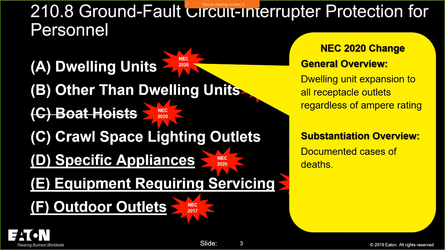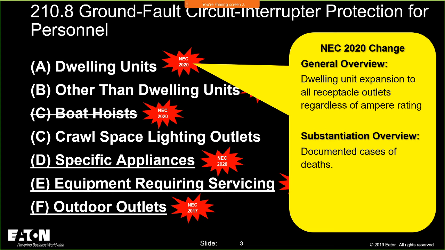So that's another important thing to remember. We have various areas in 210.8(A), and we have GFCI requirements, and we've expanded to say any receptacle outlet in any of those areas, regardless of the amp rating of the circuit, needs to be GFCI protected. I'll talk about that a little bit more.